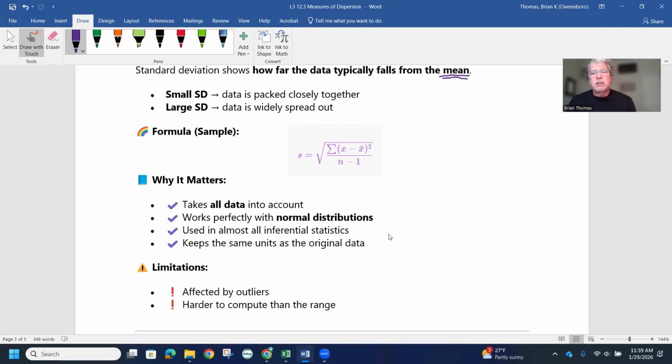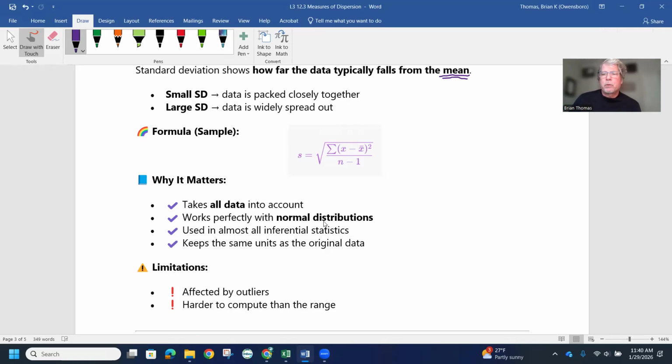So what's important about the standard deviation? Notice how it takes into account all the data, where the range did not. When it comes to dispersion, the range just focused on the first and last number, but the standard deviation really takes in all of them. So it works perfectly for the normal distribution. We'll get more into that term later on, normal distribution. That gets into this dispersion stuff as well.